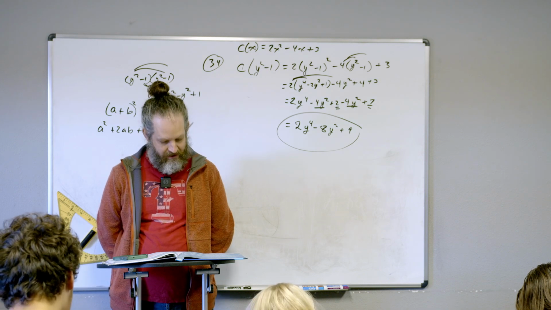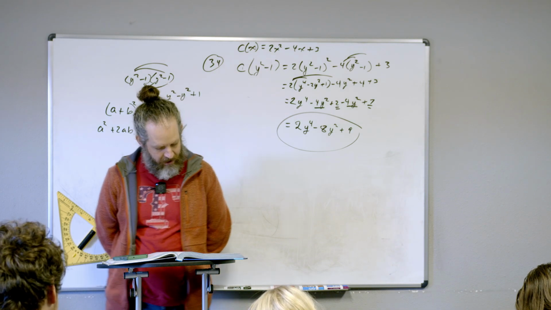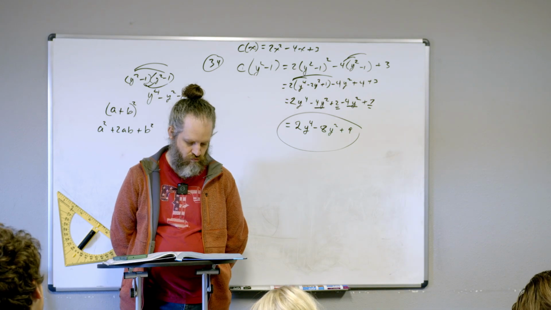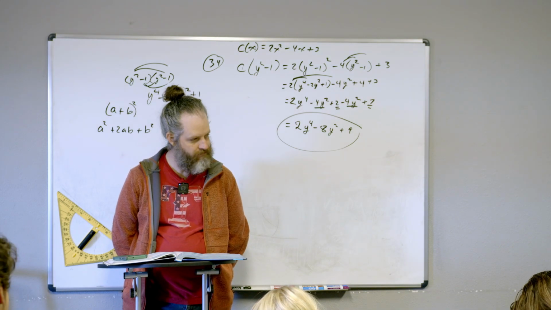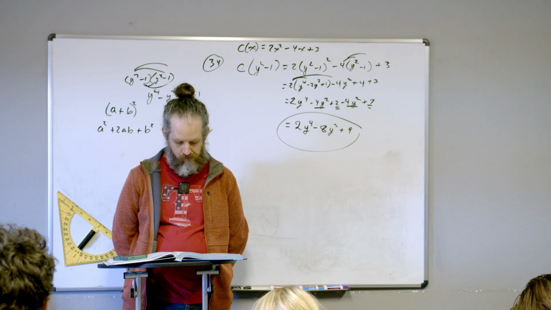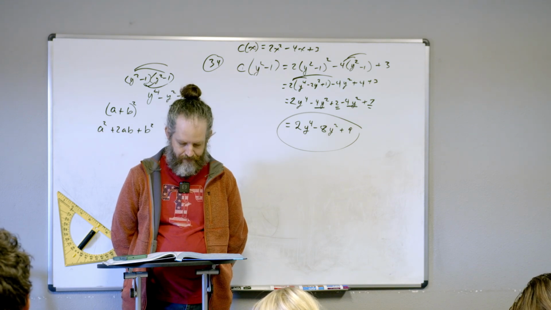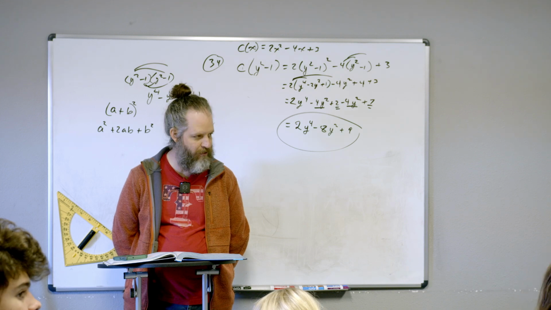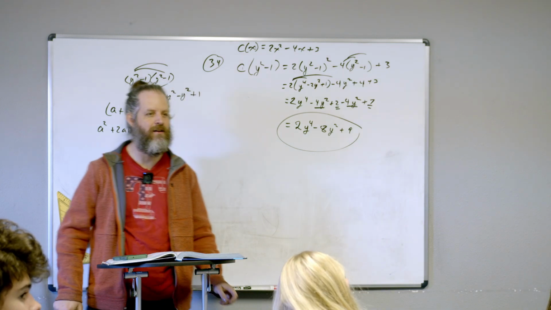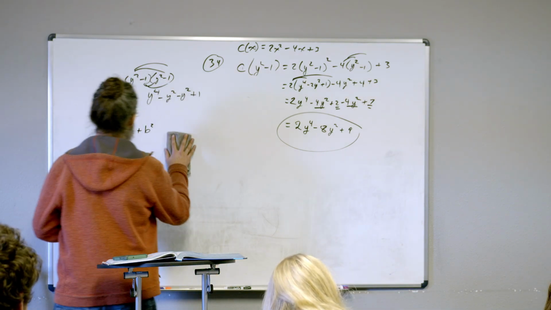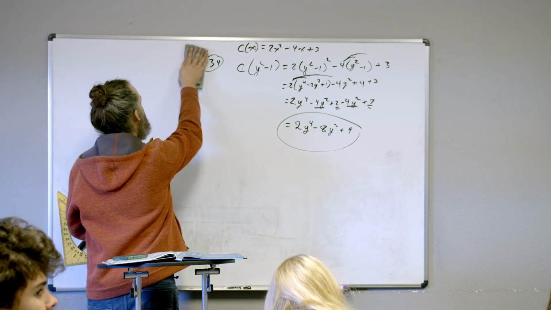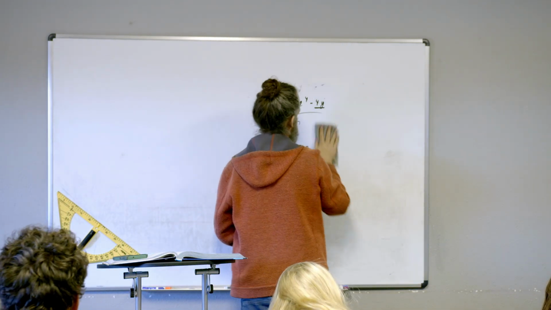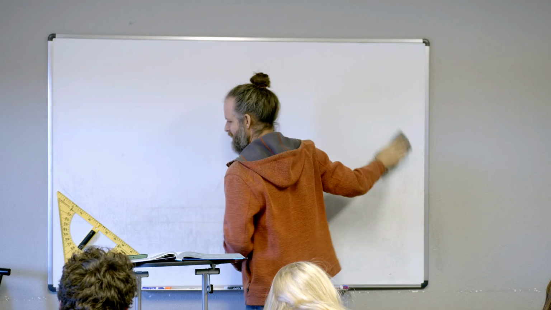Number 13 is not because it's got x times y. So anytime you have a negative exponent or two variables multiplied. Or if it was the square root of x, that would also not be a polynomial. Or 5 to the x, that would not be a polynomial. We'll talk about all of those, but not today.